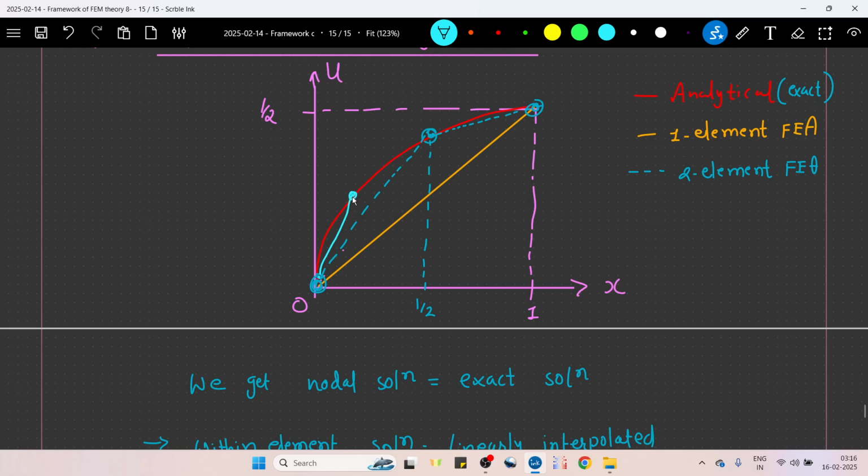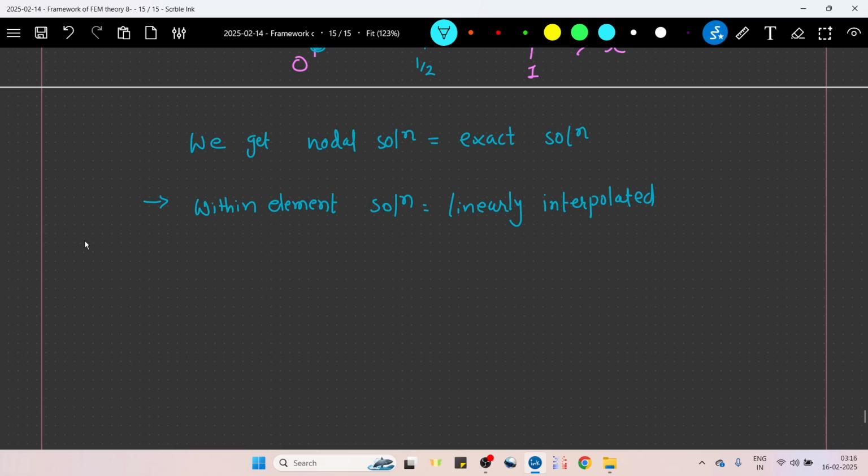This will match, then this node, and this node, so all five nodes we will exactly match the solution. What does it mean? As I refine the mesh, I get closer to the solution.